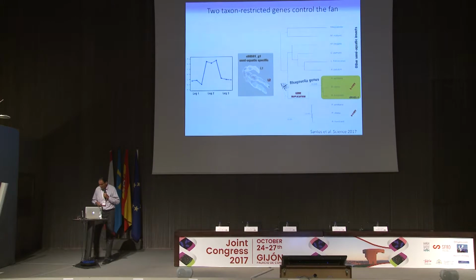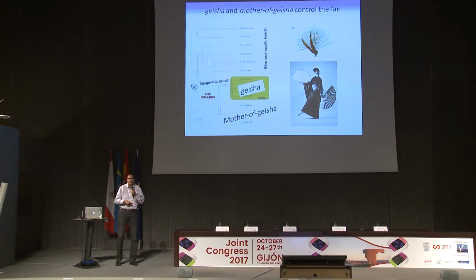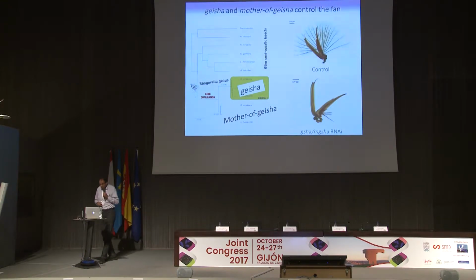So we wanted to know what these two genes actually do. Before I go any further, we decided to call these two genes geisha and mother of geisha, because of the analogy between the fan and the geisha fans that you see with these Japanese entertainers. Geisha is the new copy, and mother of geisha is a copy that is more similar to the copy that other species have.